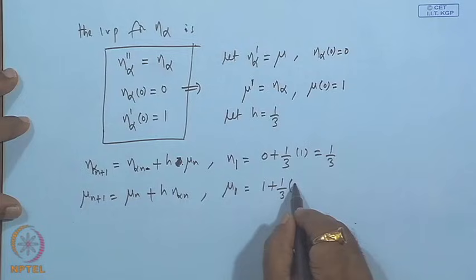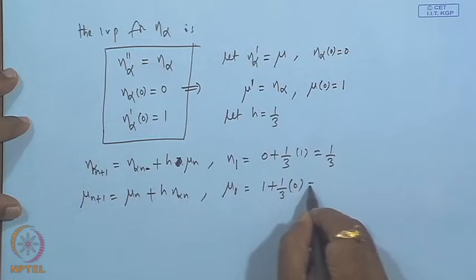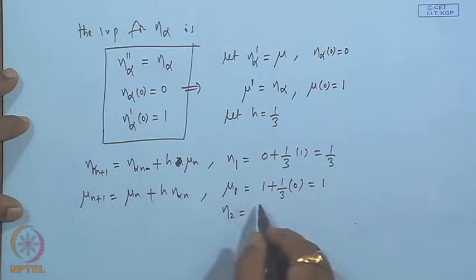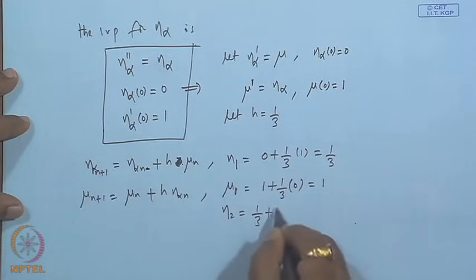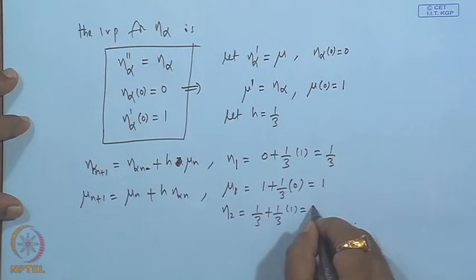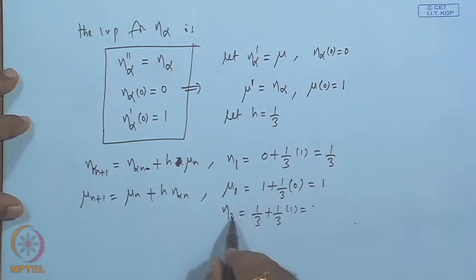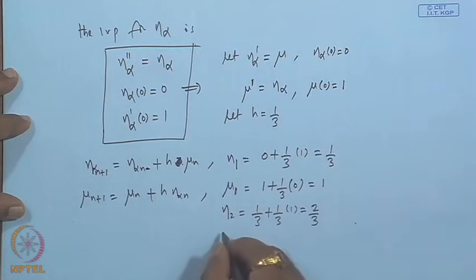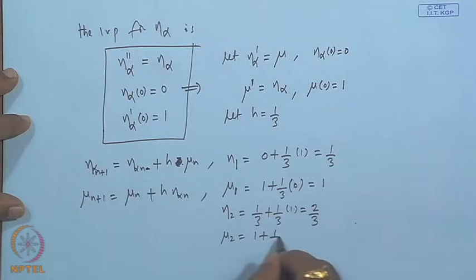So, this is 0, and this is 1. Similarly, eta 2 is eta 1 plus h mu 1, and mu 2 is mu 1 plus h eta 1.